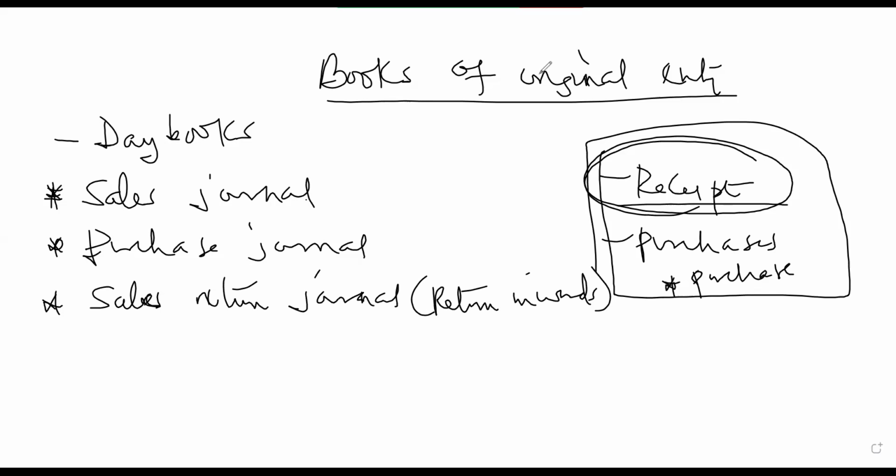So return inwards. Because we also have what we call the purchases return journal. It is also called return outwards. The company is returning the items that they bought to the supplier. So it's also called the return outwards.